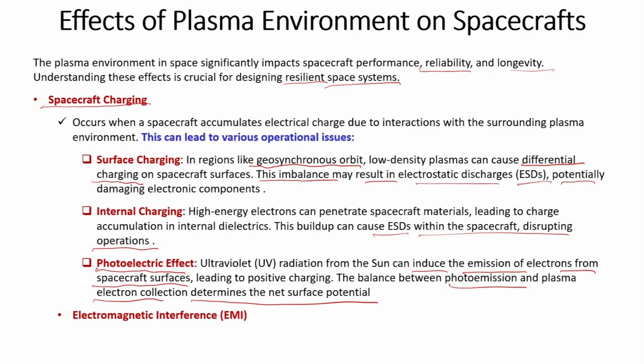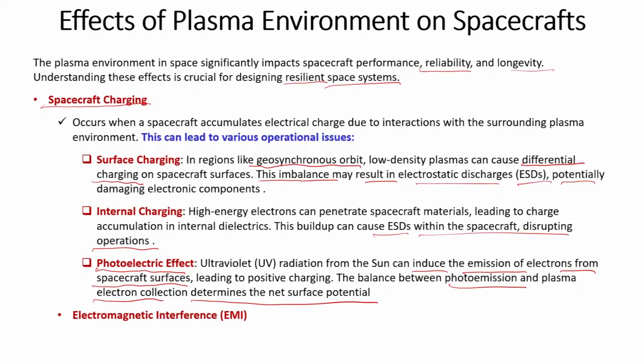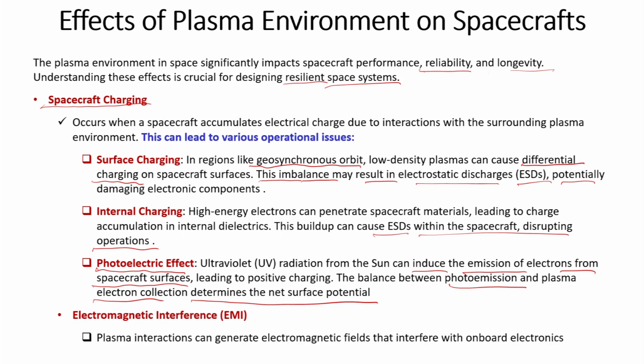The other effect is called electromagnetic interference. Whenever there is plasma, there are moving particles, so electromagnetic fields are generated, and when they change with time they create electromagnetic fields that act like interference or noise. This interference is very detrimental to the onboard systems.